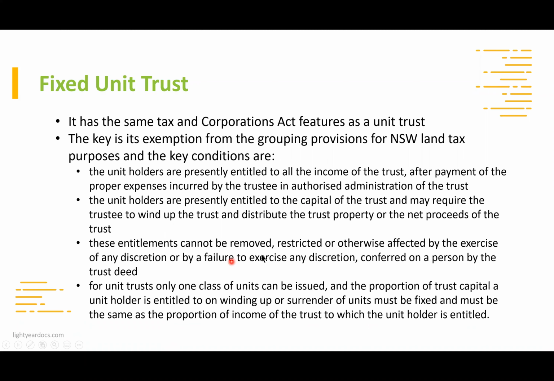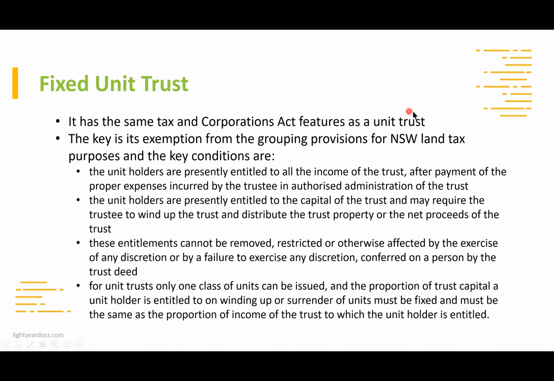These entitlements cannot be removed, restricted, or otherwise affected by the exercise of any discretion or by failure to exercise any discretion conferred on a person by the trustee, such as an appointor, etc. And for unit trusts, only one class of units can be issued, and the proportion of trust capital a unit holder is entitled to on winding up or surrender of units must be fixed and must be the same as the proportion of income of the trust to which the unit holder is entitled.